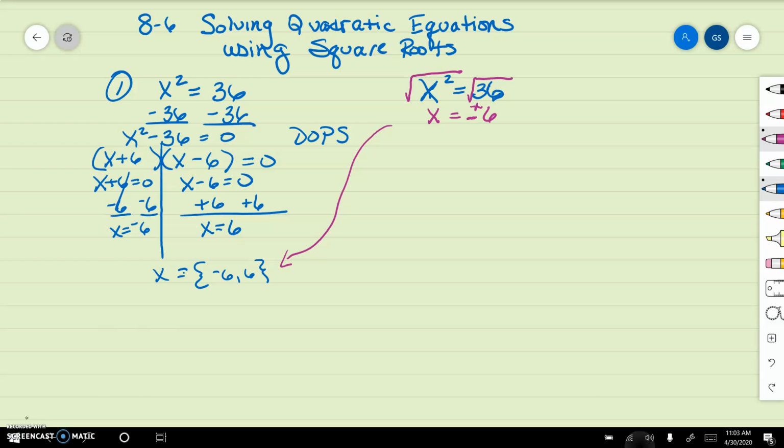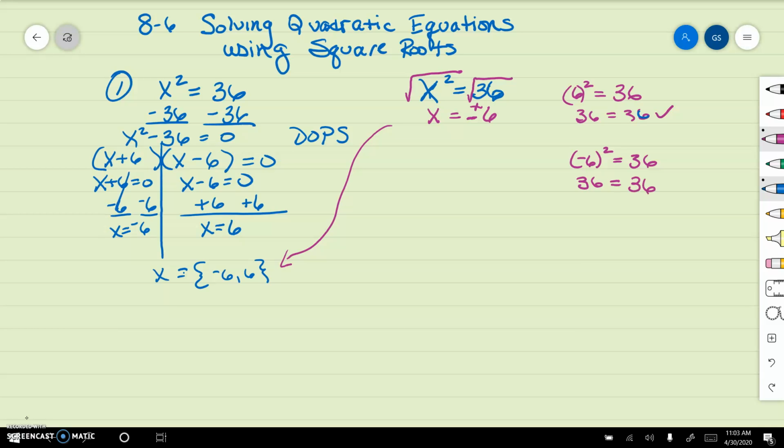And I'm going to show you why quickly. If I substitute a positive 6 in for x here, I get 6 squared equals 36, so 36 equals 36, so that checks. What happens if I sub in a negative 6, though? So I'm going to put a negative 6 squared equals 36. Well, negative 6 times negative 6 is positive 36 also.